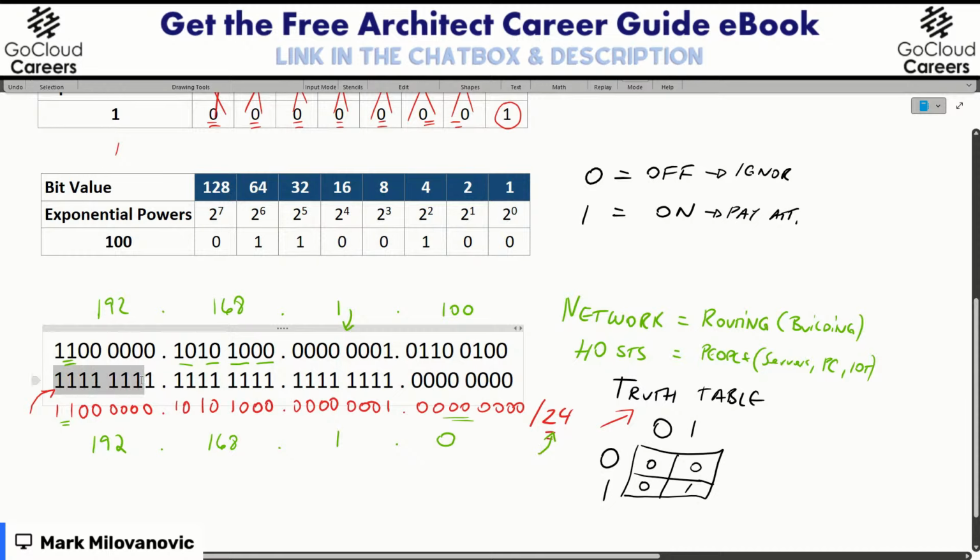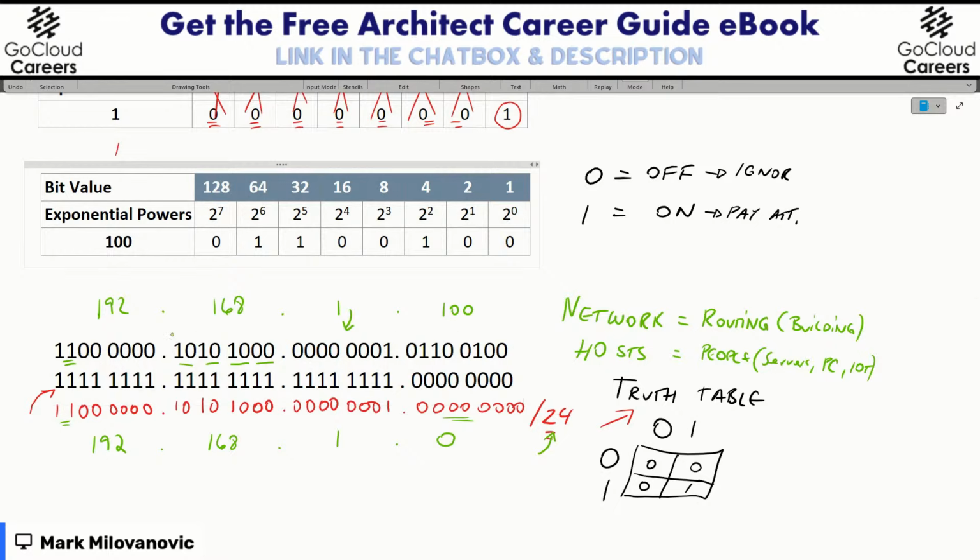We have all the ones turned on. And if we pay attention to our bit values here, 128, 64, 32, and so forth, if I turn them all on, does somebody want to type in the chat what value we will get if we add 128 to 64 to 32 to 16 to 8 to 4 to 2 and 1?